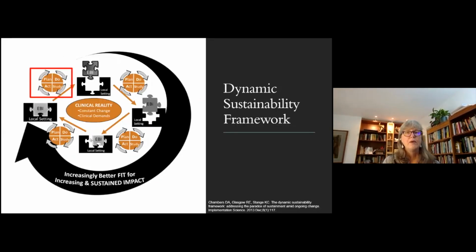So one framework that we've been working with, in addition to the LeaRRn, is the dynamic sustainability framework, which states that for increasingly better fit, we need to engage teams in plan, do, study, act cycles of change over the long term. In quality improvement words, we need to engage frontline teams in quality improvement using iterative, small cycles of change.